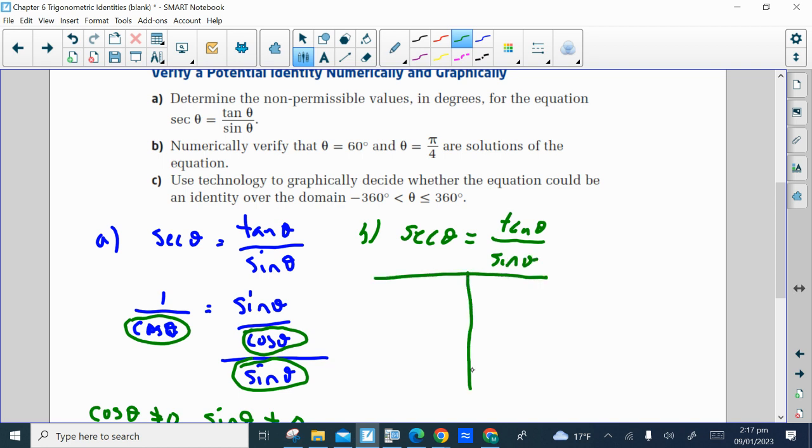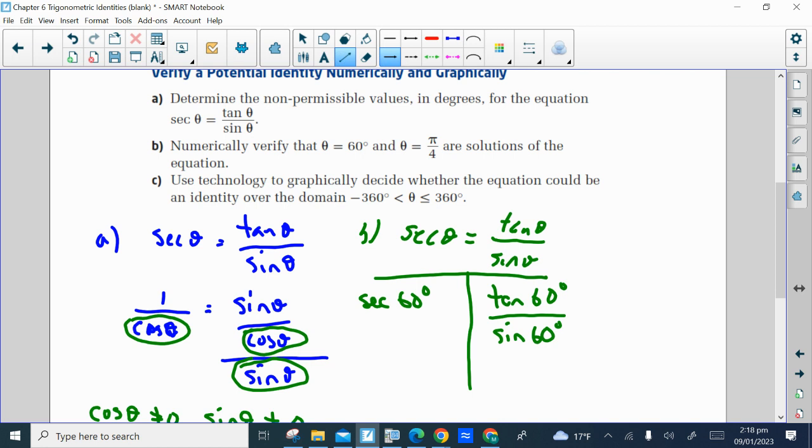The first one being 60 degrees. So we want to show that the secant of 60 degrees is equal to the tangent of 60 degrees over the sine of 60 degrees. So once again, if I do my unit circle, 60 degrees was up there.